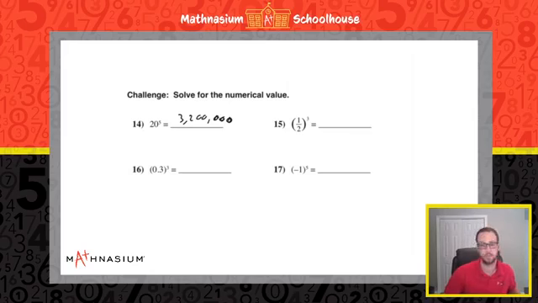Number 15, 1/2 to the 3rd power. And you might not have gotten to fraction multiplication yet. But that's all right. So what am I asking you if I have 1/2 times 1/2? Means I have 1/2 a many times.